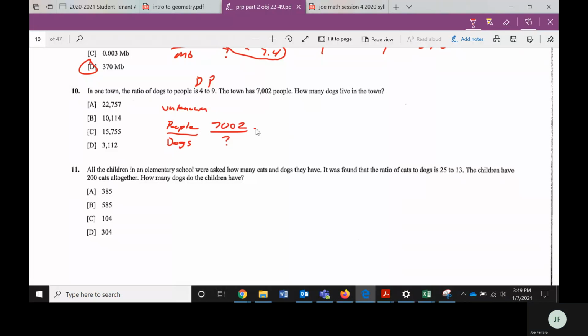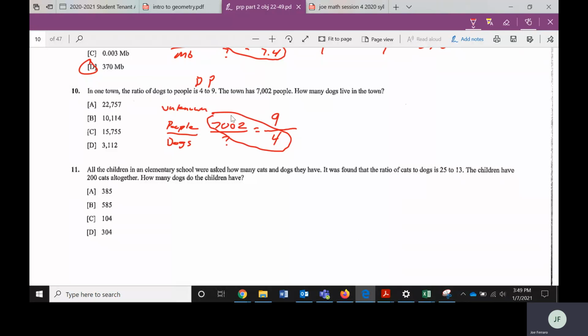Now just make sure you put these in the right spot, because in the question it went people and dogs. In the ratio given, it's talking about dogs to people. So people in the known pair is 9, and dogs in the known pair is 4. They did give it to us in a different order than the question. So all we have to do is make sure we put the numbers in the right spot.